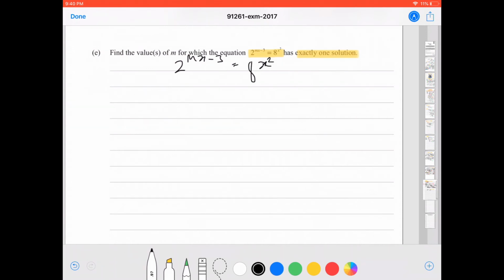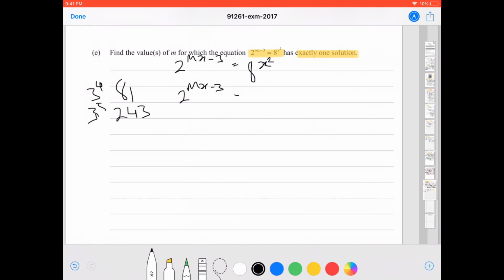Earlier we talked about the 81 and 243, and we used 3 to the power of 4 and 3 to the power of 5. Here, you should be able to recognize that 8 can be written in base 2, and that's exactly what we're going to do. So our left-hand side remains unchanged for now.